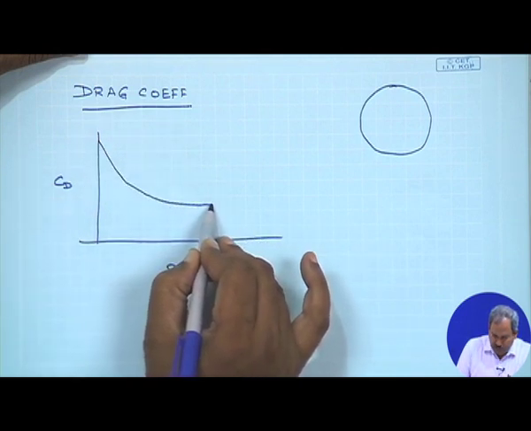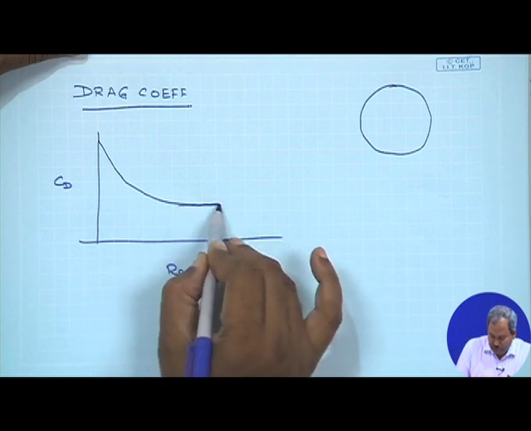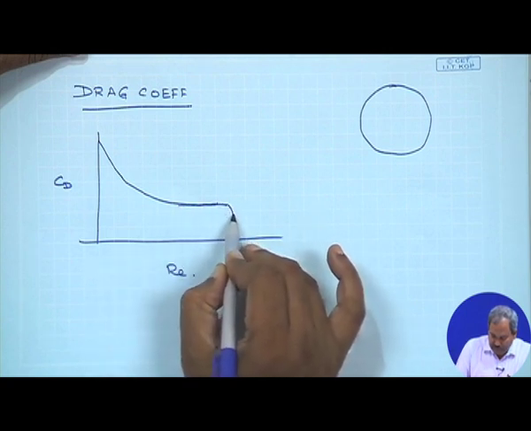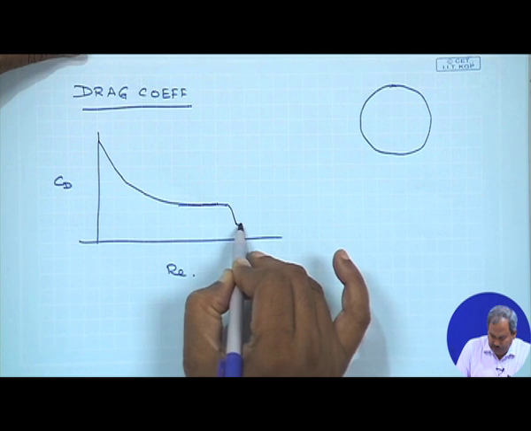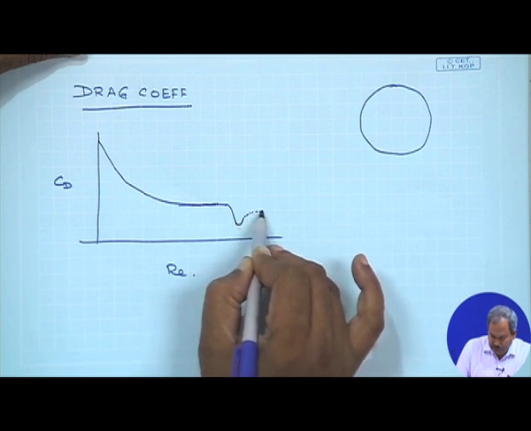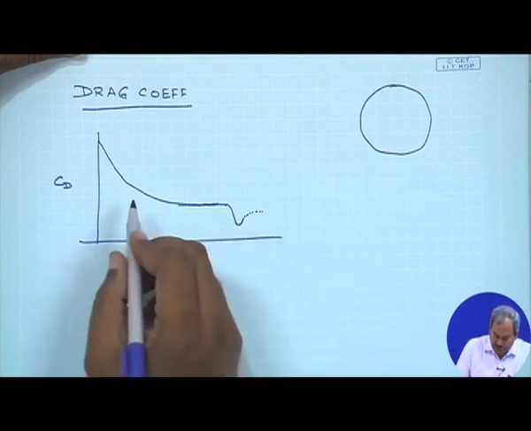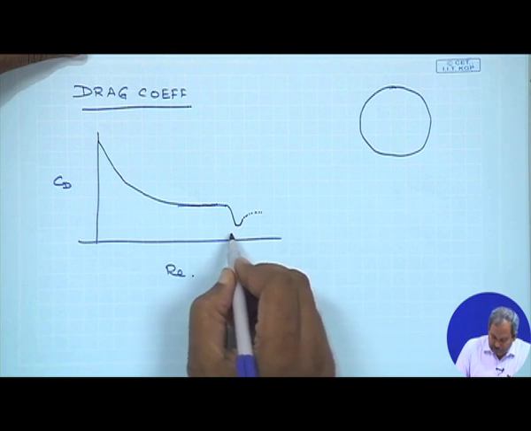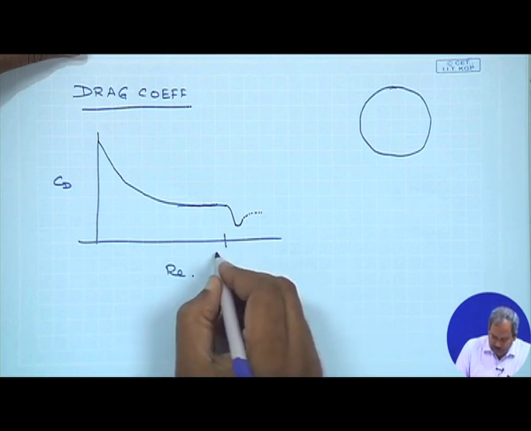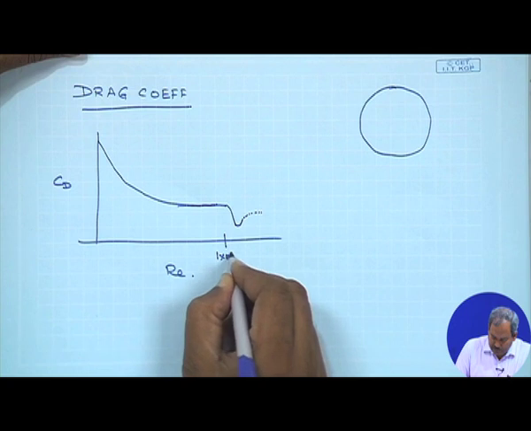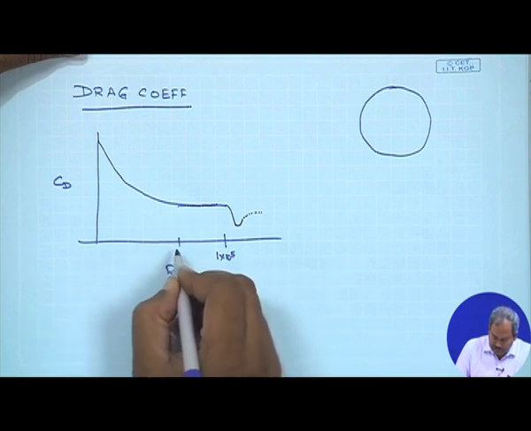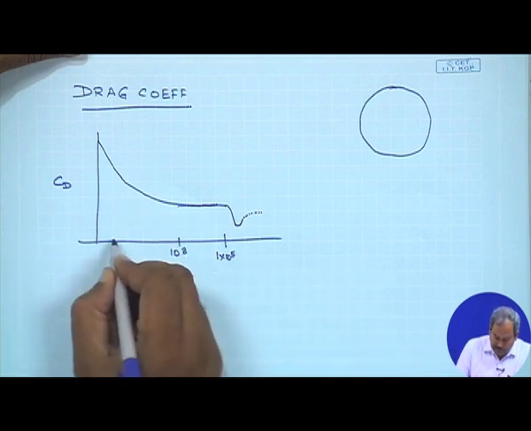It becomes more or less a constant, though slowly decreasing, and at a certain value of Reynolds number it's going to dip suddenly and then it will slowly increase. This value is about 1 into 10 to the power 5. This is a log scale.